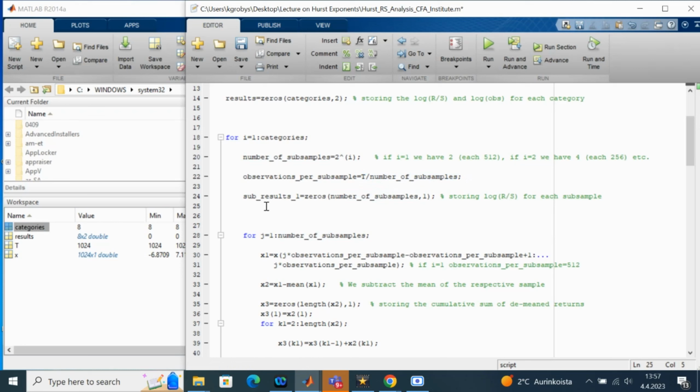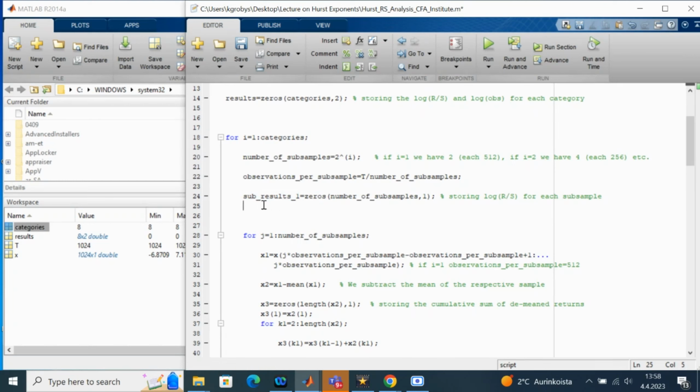So then, as we discussed on the whiteboard, we have to store the intermediate results in another matrix, respectively vector. So this is what we do here. The sub_result_1 stores the corresponding rescaled range statistics for each of the subsample clusters.